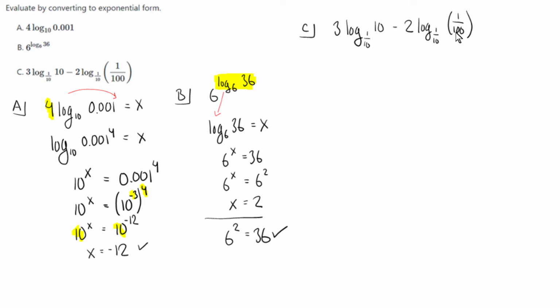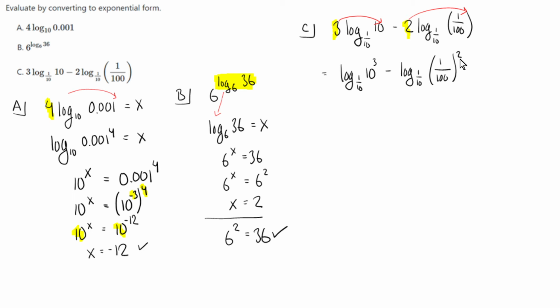So here we can start by applying the power law for logs, which means we're going to take these numerical coefficients in front of the logs and move them into the log, and they will become the exponent of the arguments. So if we do that, we're going to get log with a base of 1 over 10 of 10 cubed minus log with a base of 1 over 10 of 1 over 100 squared.